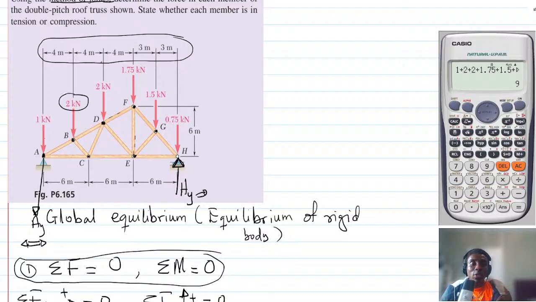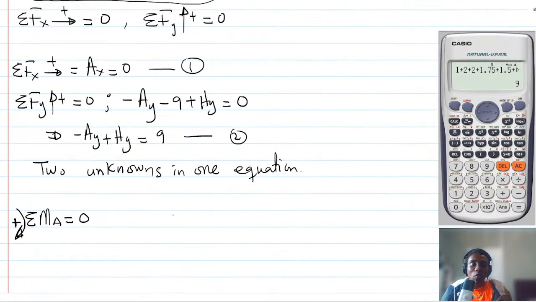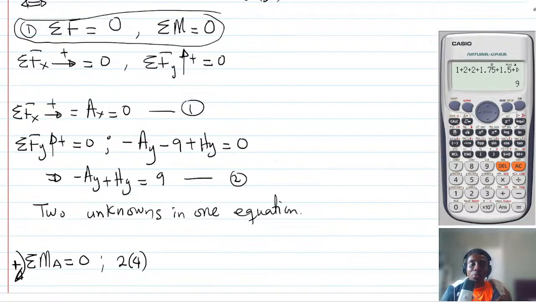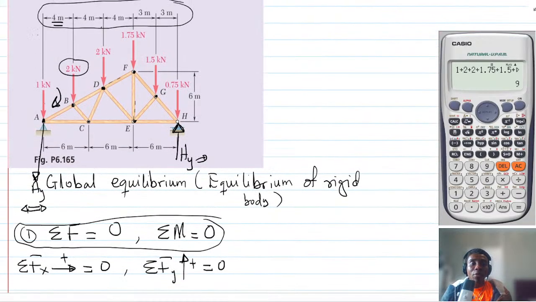So 2 kilonewtons is at a distance 4 from A, and it's going clockwise. I hope it makes sense. So we have 2 multiplied by 4, and that's positive. Again, we have 2 multiplied by 8, which is 4 plus 4.